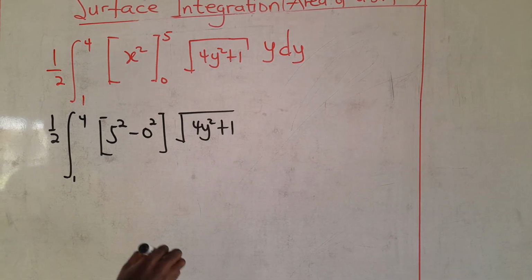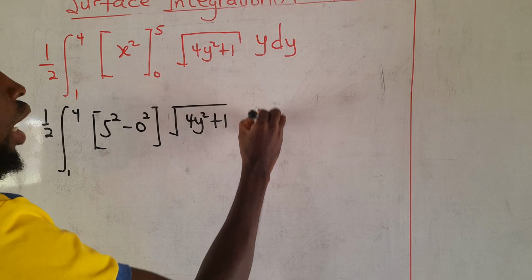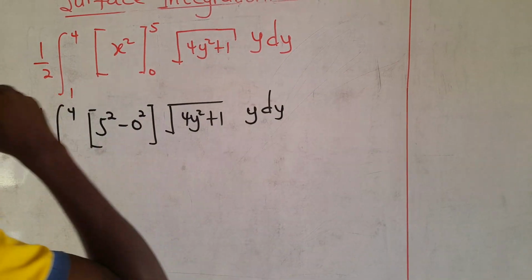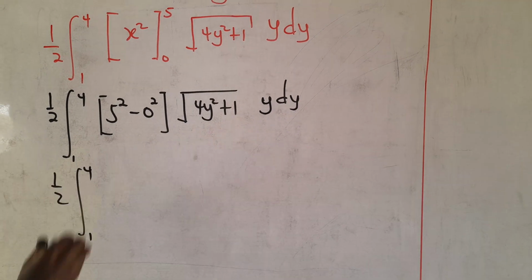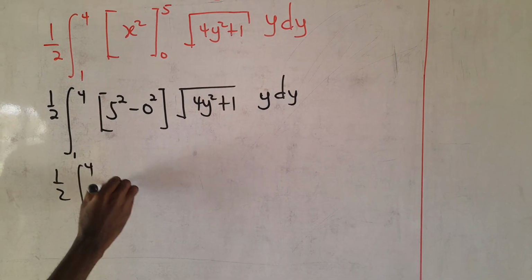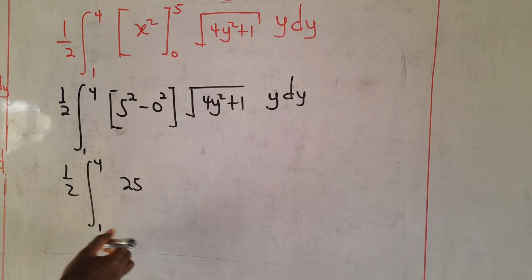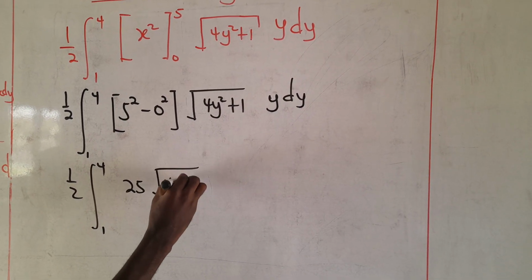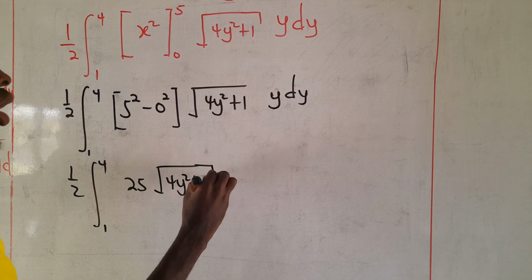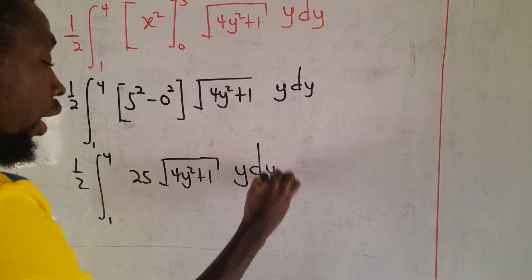The square root of 4y squared plus 1 y dy. So we have half the integral from 1 to 4. 5 squared, that will be 25. 0 squared is 0, so we still have 25. Then we have the square root of 4y squared plus 1 y dy.